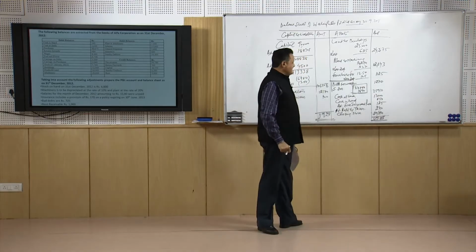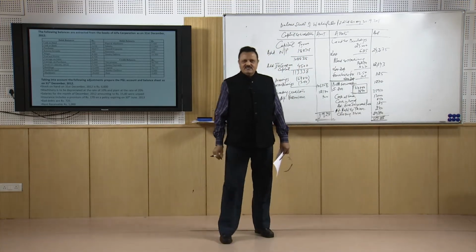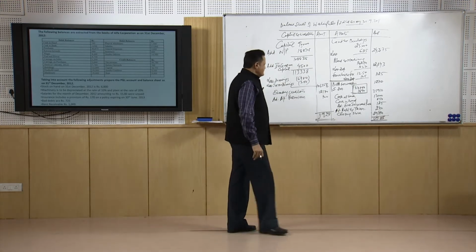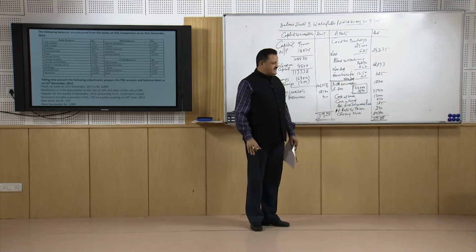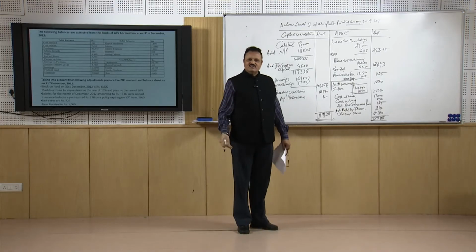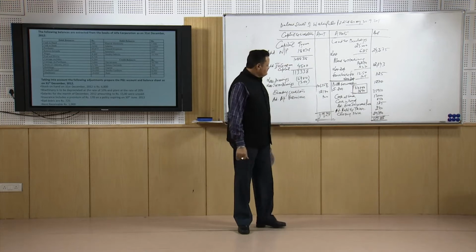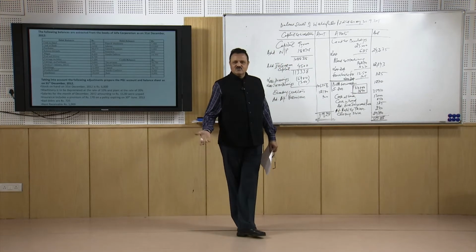Bills receivables, as I discussed with you at length, are only for a few months, not for years, so it is a current asset. Sundry debtors are also for a short period, so it is a current asset. Cash is limited: today you have cash, tomorrow you spend it, so it goes away. Cash in hand, cash at bank, it is finished. Similarly, the fire insurance premium is paid only for a year, not more than that.